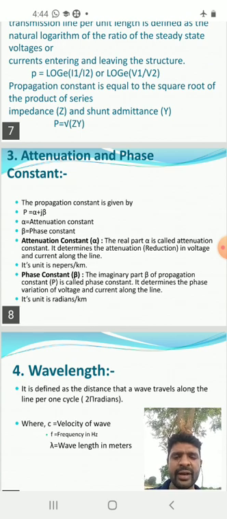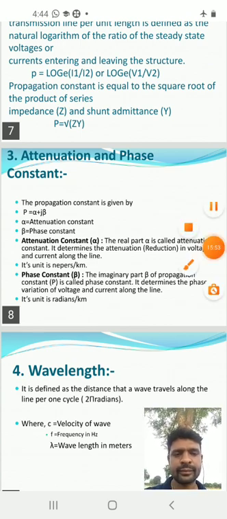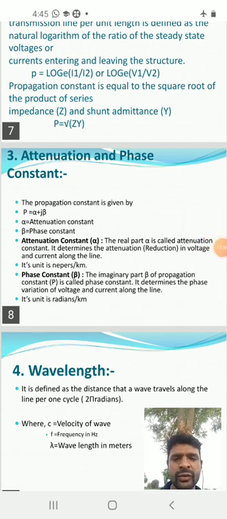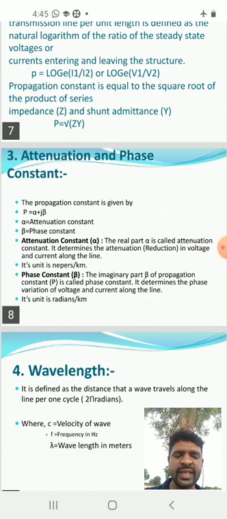Its units are radians per kilometer. So attenuation constant and phase constant are alpha and beta. These two are summarized by the propagation constant P equal to alpha plus j beta.